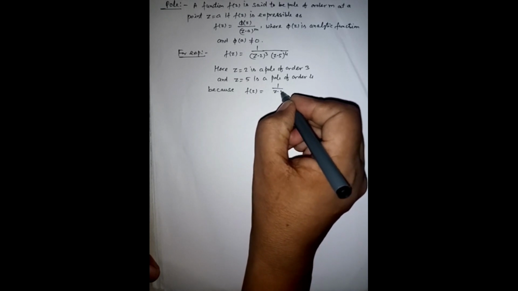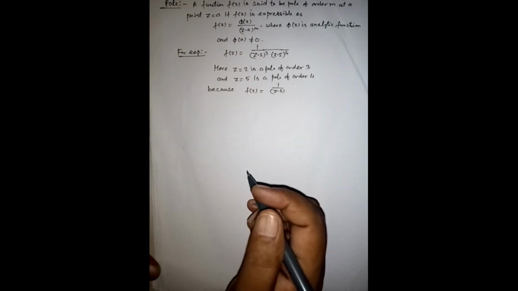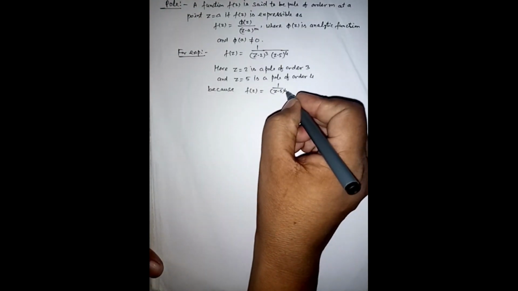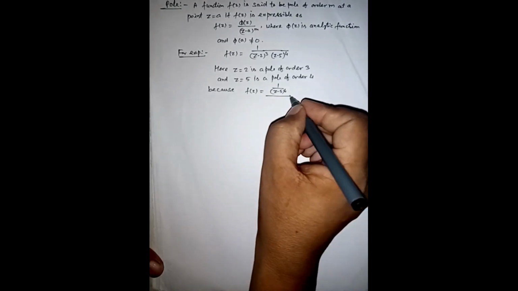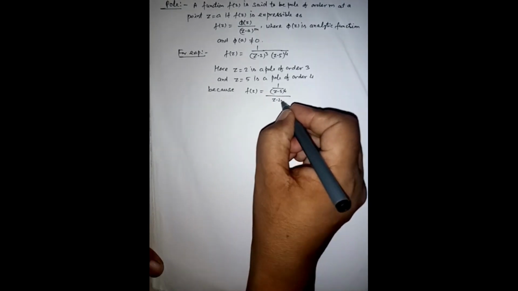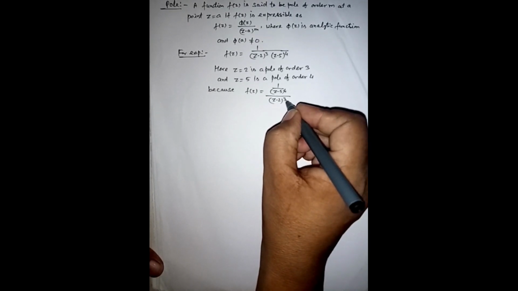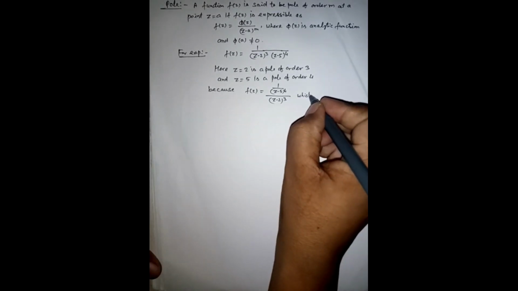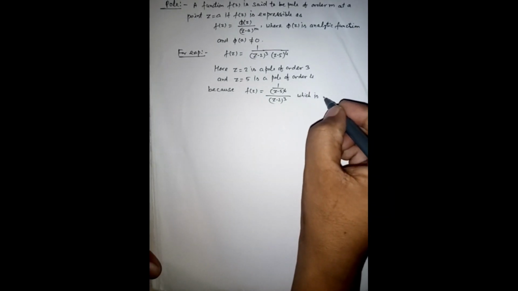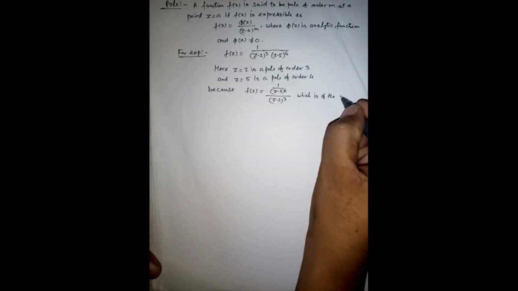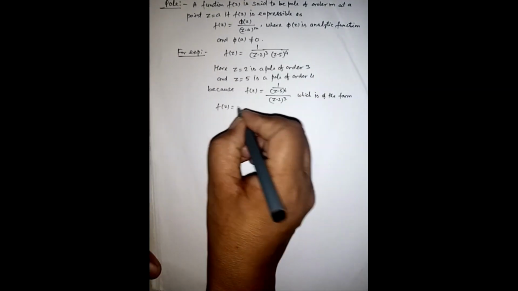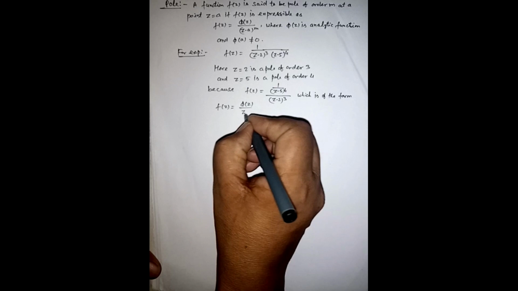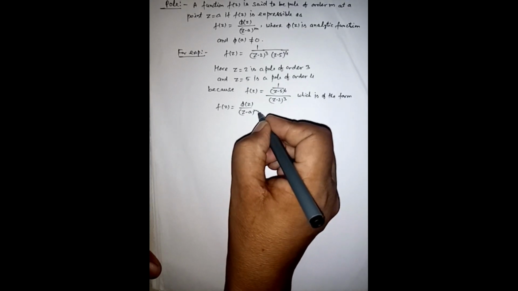1 upon (z minus 5) power 4 divided by (z minus 2) power 3, which is of the form f(z) equal to phi of z upon (z minus a) power m.